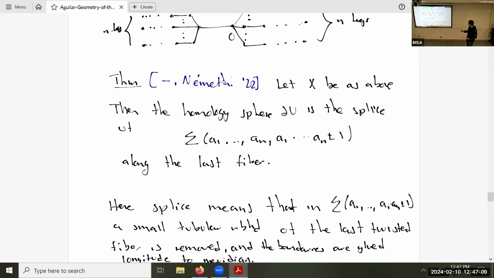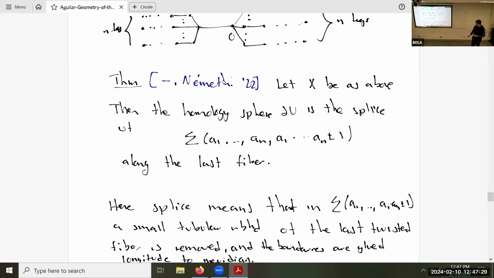So the first n are the same, a1 until an, and the last one is the product of all of them plus 1 or minus 1. And we glue them along this last fiber, the construction that I was telling to Leonardo.